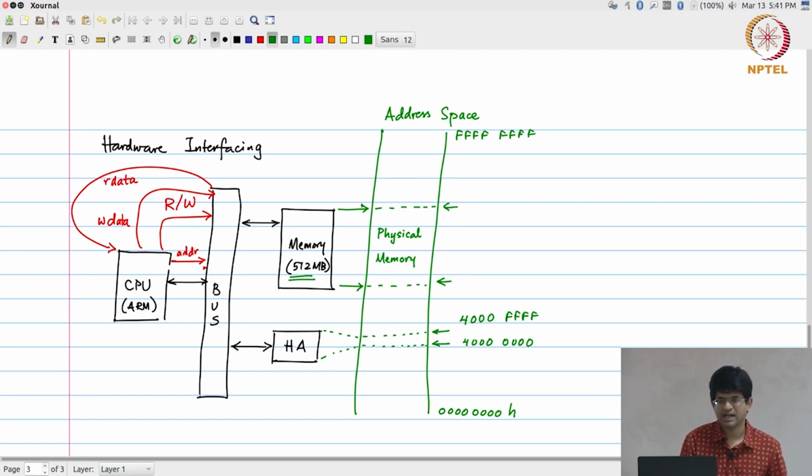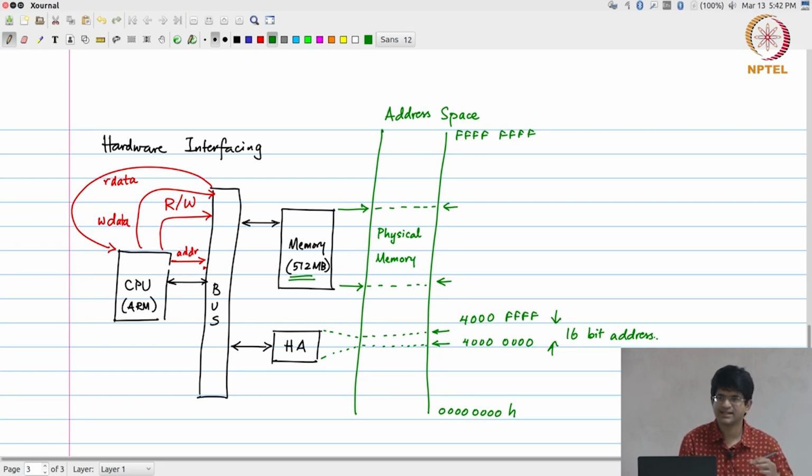But the hardware accelerator by itself does not need to have all the 32 bits of the address. It does not have a 32-bit address space. The hardware accelerator has been designed with, according to what I have drawn over here, only a 16-bit address, because it corresponds to 0000 up to FFFF, that is 16 bits of address.